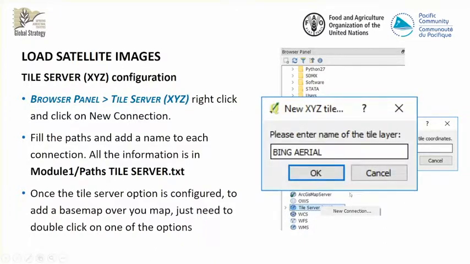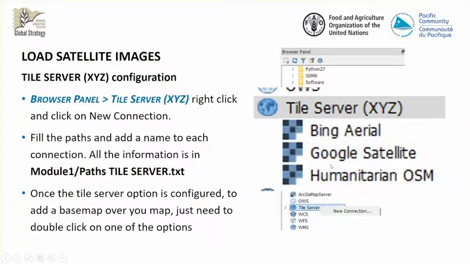In this case it was Bing Aerial, and in your tile server options you will have these new options that we are setting up. So what I recommend you to put is, for example, Bing Aerial, Google Satellite, and Humanitarian. They are all available and detailed here. You have OpenStreetMap, Google Hybrid, Satellite, Google Road, and Bing Aerial.